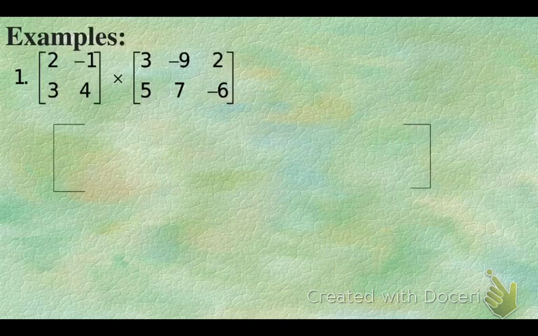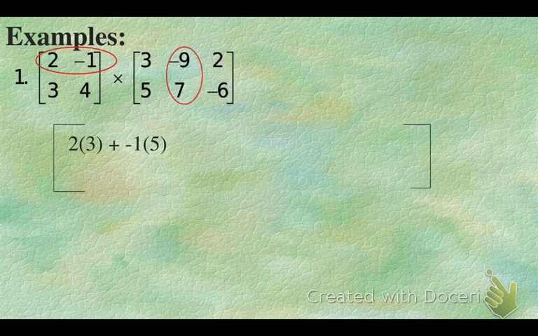So for example, we have a 2 by 2 being multiplied by a 2 by 3. And we're going to multiply the first row by the first column, and then those numbers are going to get added together. So we're going to multiply 2 by 3 and negative 1 by 5, and those get added together.